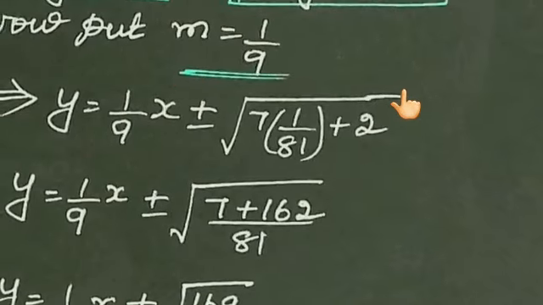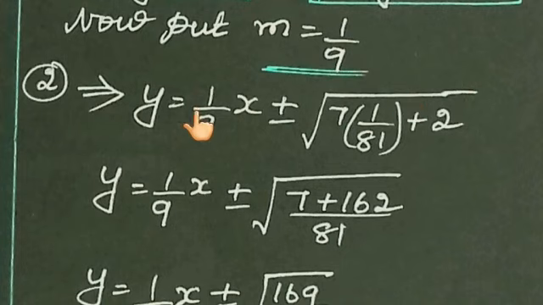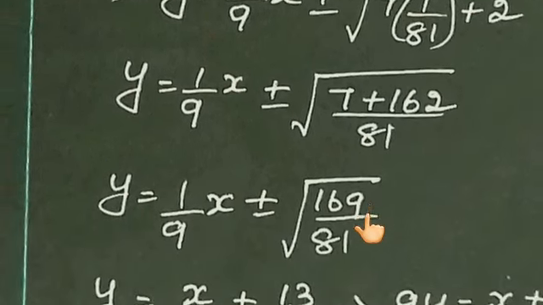So we have y is equal to mx. In the place of m, write 1 by 9, plus or minus root of 7m square: 1 by 9 square is 1 by 81, plus 2. Y is equal to 1 by 9x plus or minus root of, 81 into 2 is 162, so we have 7 plus 162 divided by 81.